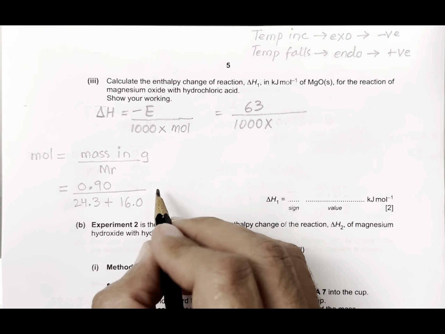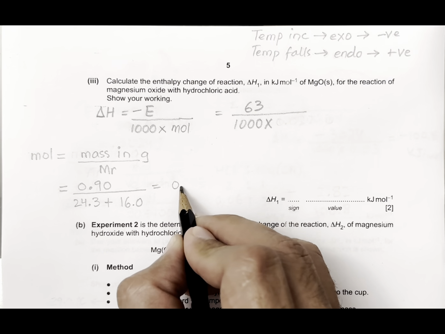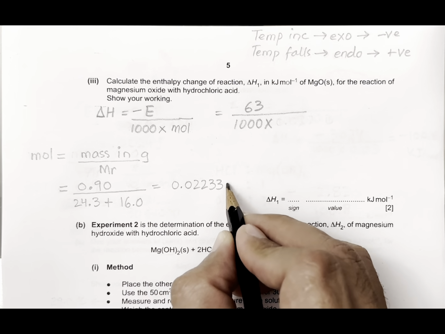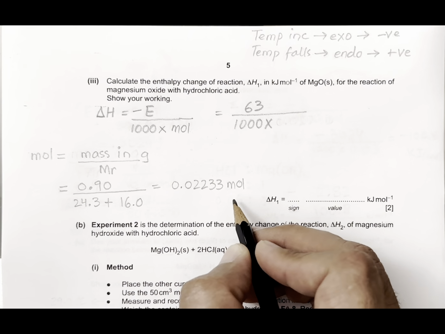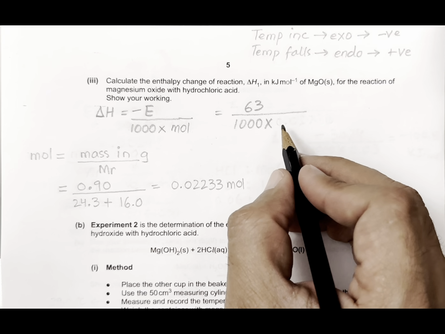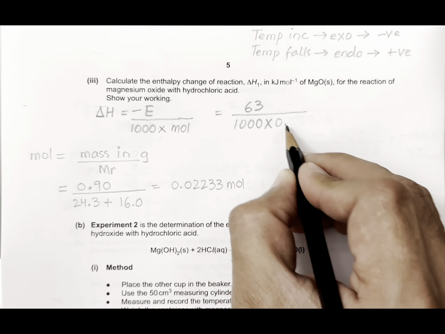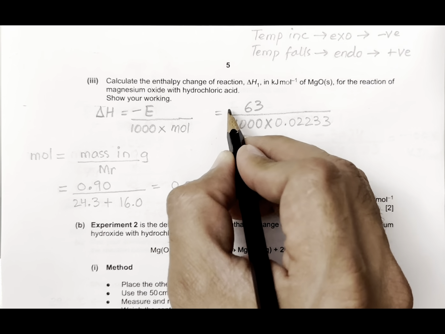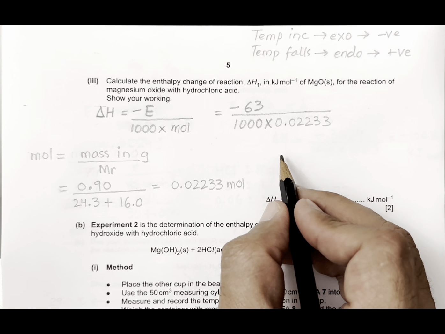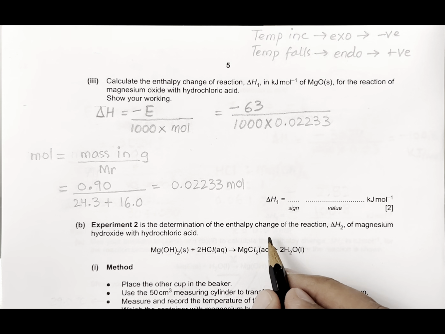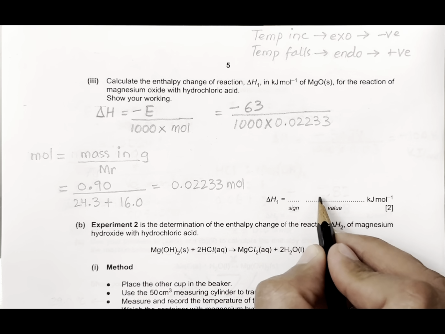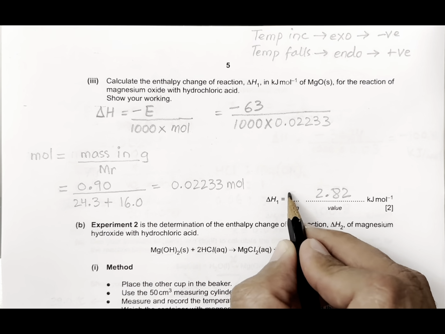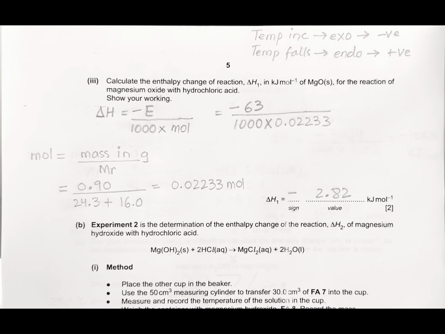In this case, the moles will be 0.02233 moles. Now let's put this value in the formula above, multiplied by the moles, 0.02233, and we will put a negative sign here for the exothermic reaction. If we calculate, the value is 2.82, and the sign must be negative to show the exothermic reaction.